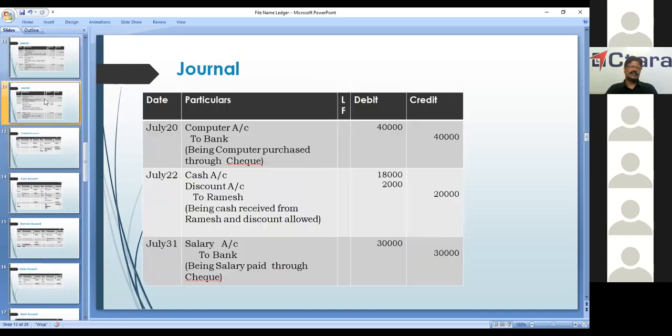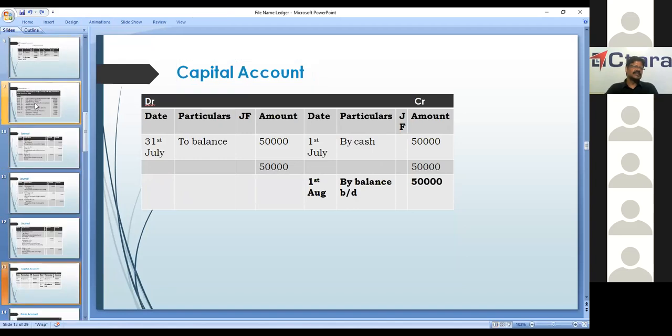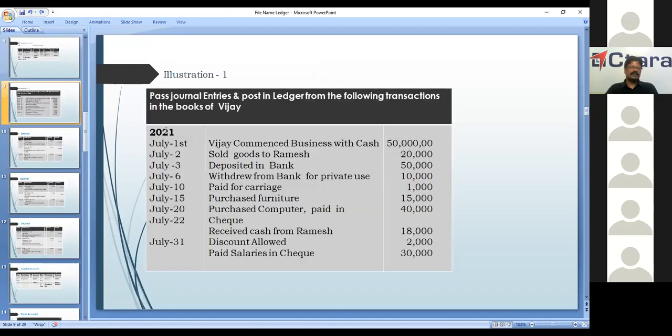So first what we'll do? Capital account. Okay. As I said, capital, it's a credit item. What is the problem here? Vijay commences business with cash.